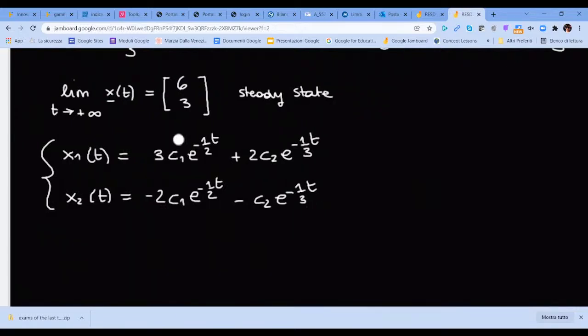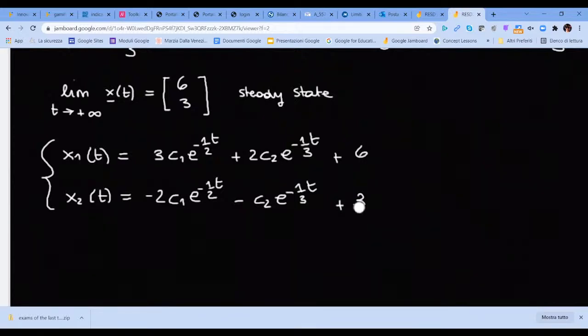And then we have the limits. When t is going to plus infinity, everything is going to 0, and what we have left is this very vector that we already computed, that is 6 and 3. Okay, so this is the general solution.